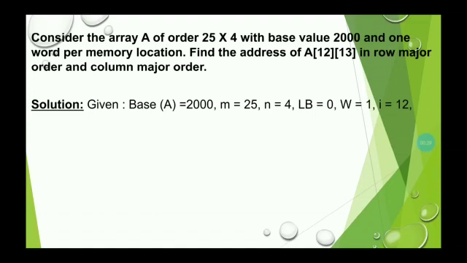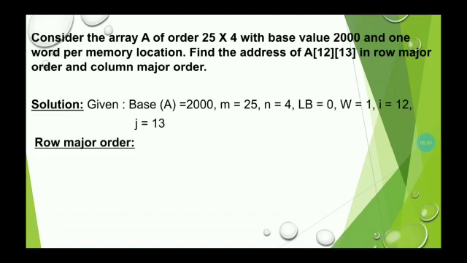Base address is 2000. Number of rows, that is m, value of m is 25. Value of n, that is number of columns, is 4. Lower bound is always 0 as the index value starts from 0. W, that is number of words per memory location, is 1. I value is 12. J value is 13.